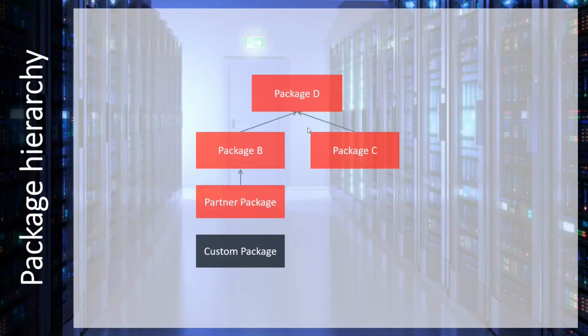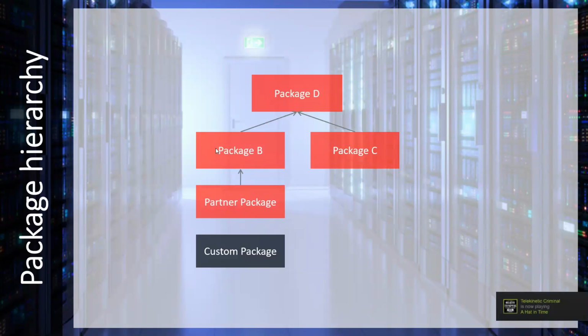To explain, let's take a look at package D, and we can see little arrows pointing from package B and C. We see an arrow pointing from the partner package and so on. What this means is that package D contains the functionality from package B and package C. These lines show how functionality is passed from package to package.